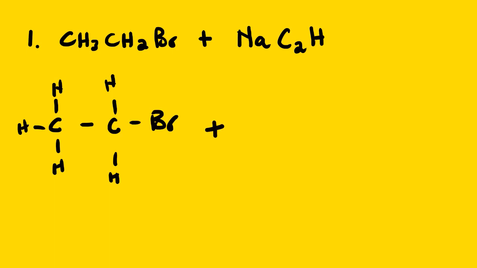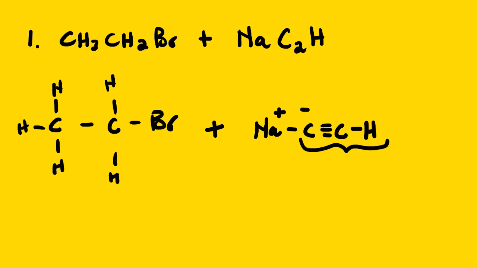Plus, you can see that this will form sodium reacting with carbon, having a triple bond with another carbon and hydrogen. So you can clearly see that our sodium will have a positive charge, and then this compound will have a negative charge.